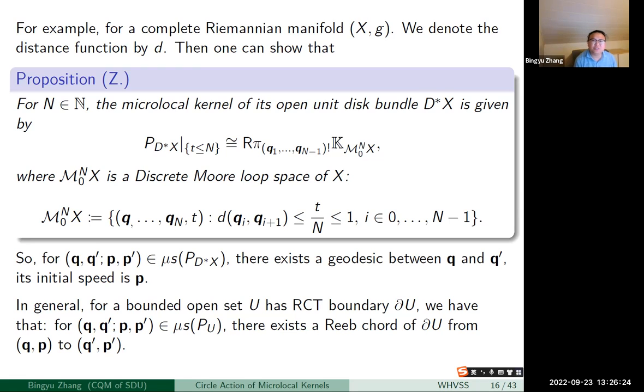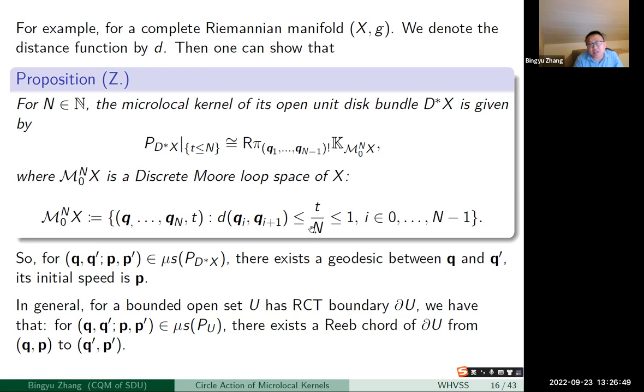Well, actually, we need some computation. I see. Okay, first, we can compute the microsupport of this constant sheaf supported on the discrete loop space, and it's given by the boundary of this set.